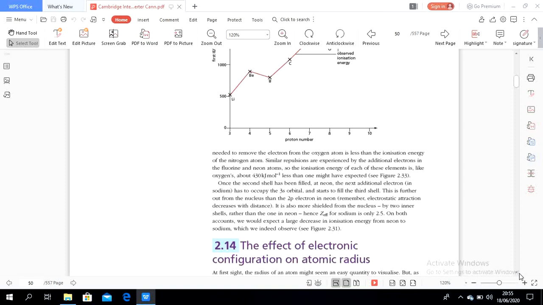Okay, let's see nitrogen. Nitrogen has 7 electrons, and oxygen has 8 electrons. Let's see the arrangement. The electronic configuration for nitrogen: 1s2, 2s2, and then 2p3.